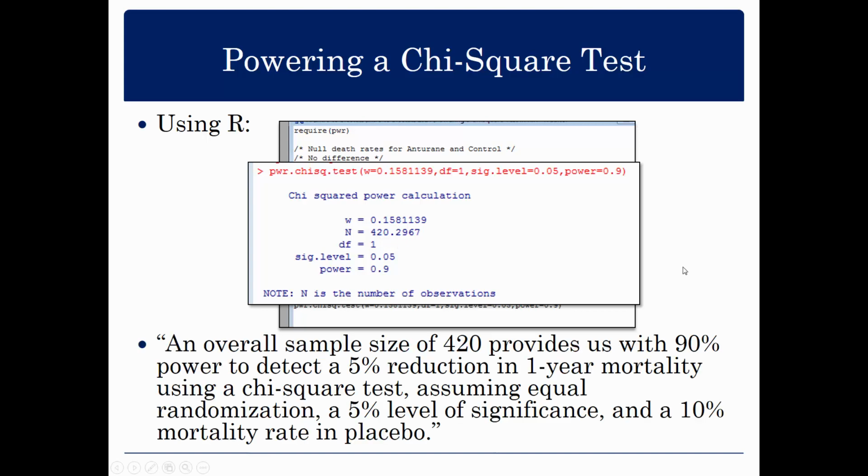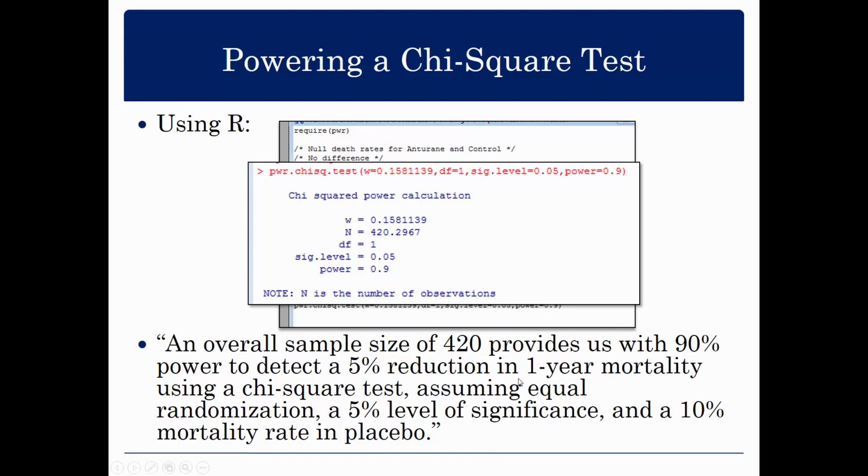So here, if I were putting this into a protocol or a grant, I would need to describe exactly how I came up with the estimate of the sample size. And so an overall sample size of 420, this should be higher than that. We, again, need to account for attrition. It would provide us with 90% power to detect a 5% reduction in 1-year mortality using a chi-square test.